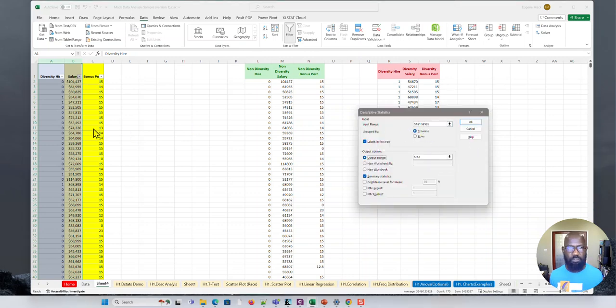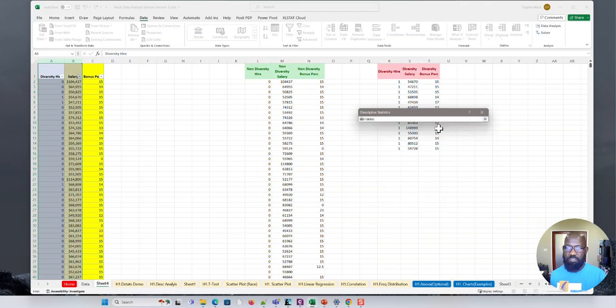Okay, so it looks like I'm going to do the analysis from A1 to A85, B85, because it incorporates, actually, let's not even do that. I just want to do the salaries. So it's going to be B1. Let's do this. I'm just doing the salaries, so I only need to select the salary column.